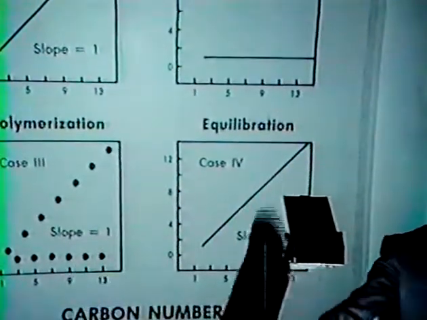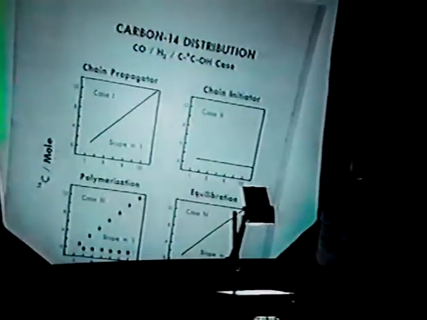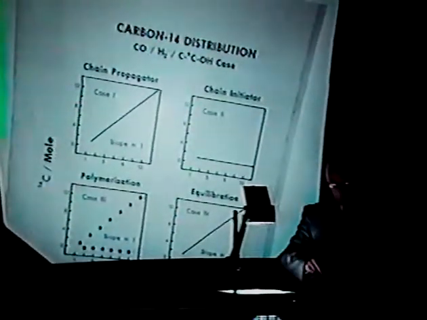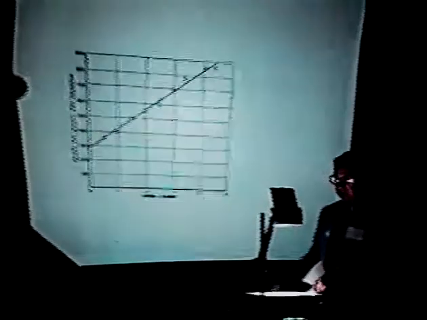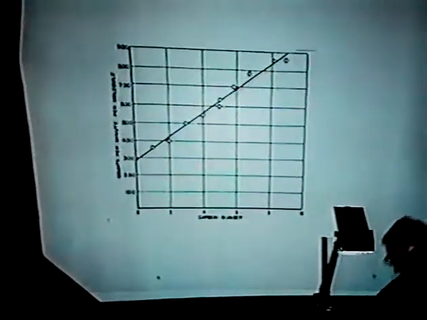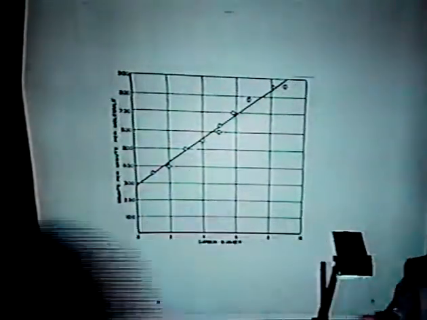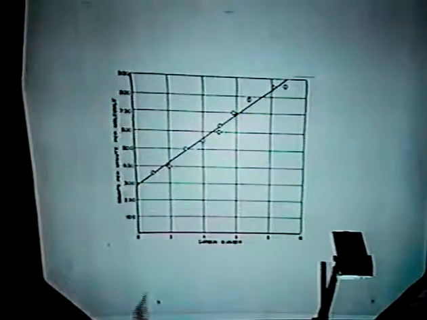Emmett, working at atmospheric pressure, obtained examples for these two cases. In one, he was working with methanol, and the methanol decomposed under his conditions to give CO. The CO then gave the increase in carbon-14 with carbon number, as we expected.